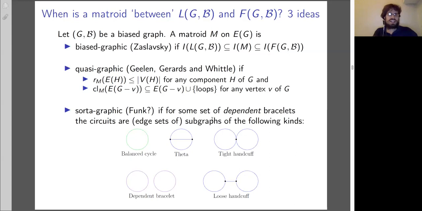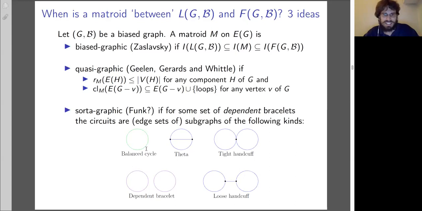And finally, a notion which I have dubbed sortographic. I think this idea goes back to Daryl Funk. I'm not completely sure if he was the first one to come up with this, but I think so. His idea was to go between these two. You just say, we know what types of circuits we should be getting, we have these pictures, so let's just impose that all the circuits are of the given types.